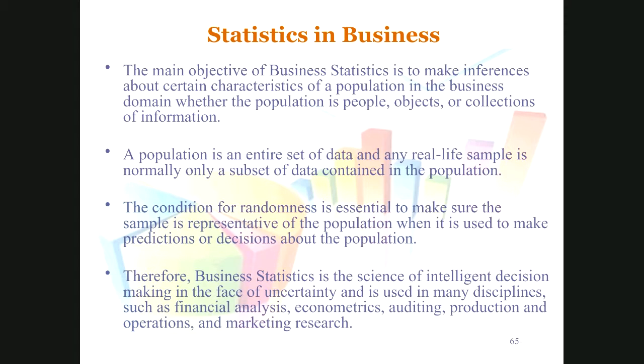A population is the entire set of data, and any real-life sample is normally only a subset of the data contained in the population. So if you think about the Canada census, that is a census of the population. It's everybody in the country of Canada.